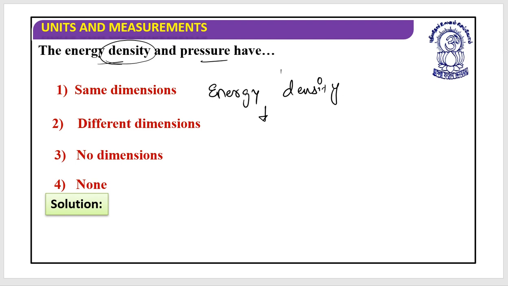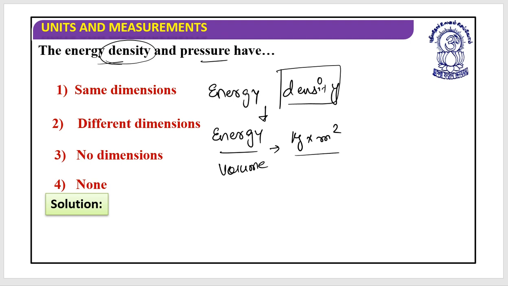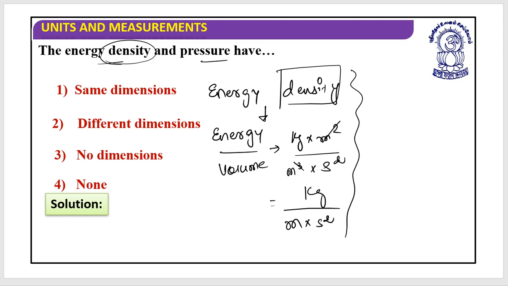When the word density arrives, that means it is divided by volume. So it's energy divided by volume. Now energy is kg meter square per second square. Volume is meter cube. So this is kg per meter into second square. So this is energy density. And next is the pressure.